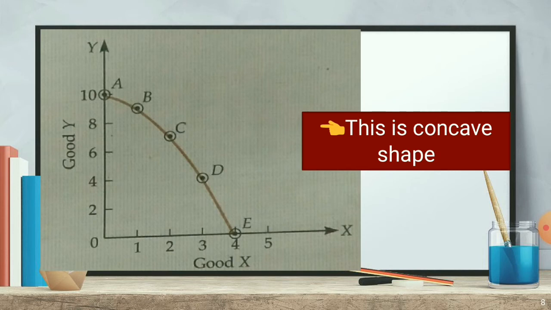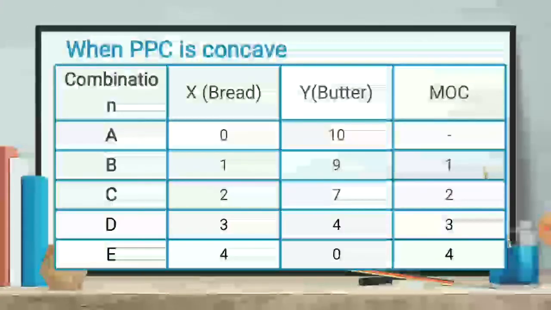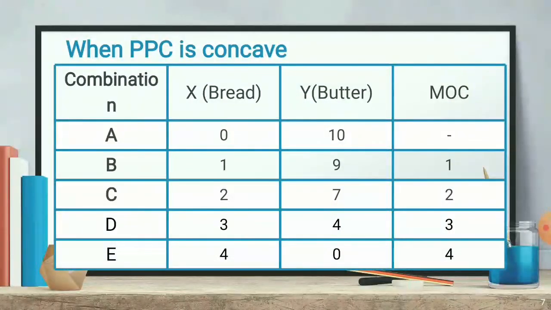Okay, so here in the curve, if you see, the highest production of Y commodity was 10. Let's see that table again: the highest production of butter was 10 and the lowest production of butter was 0. Similarly, when the production of butter was 10, at that time X production was 0.